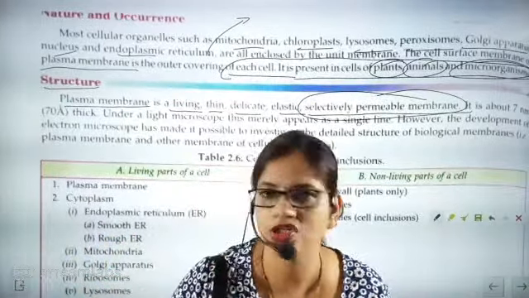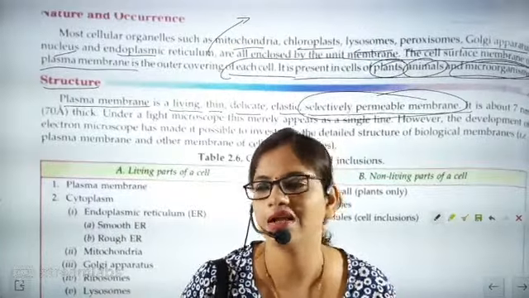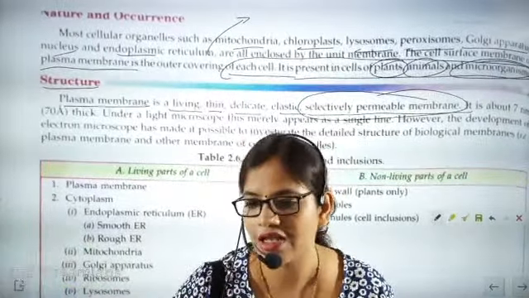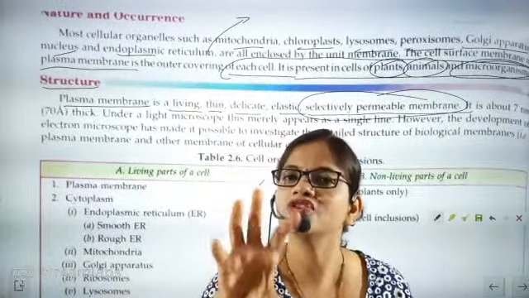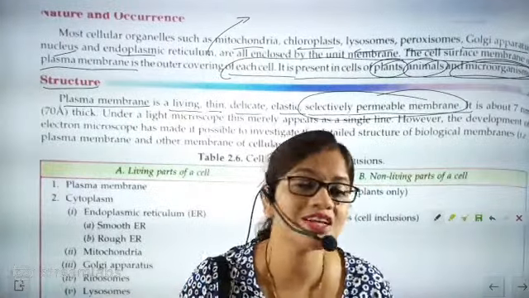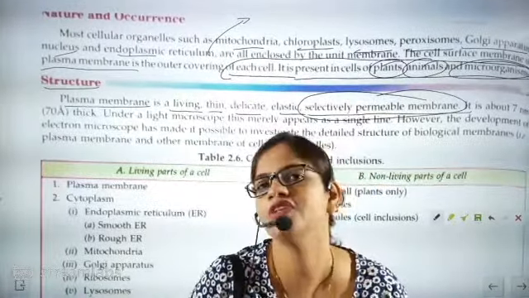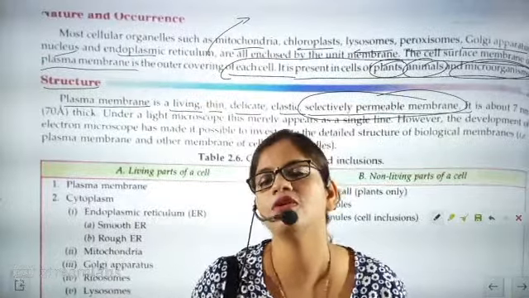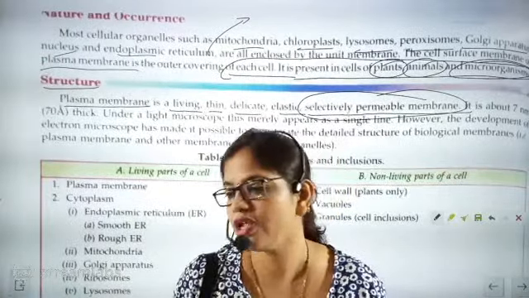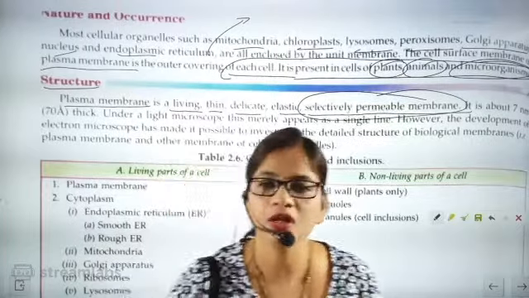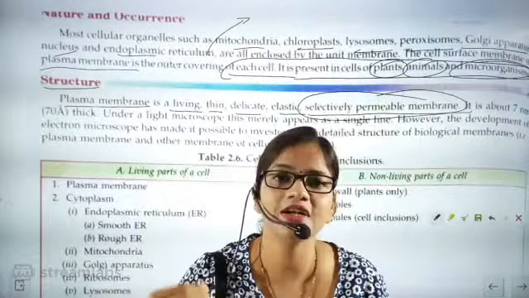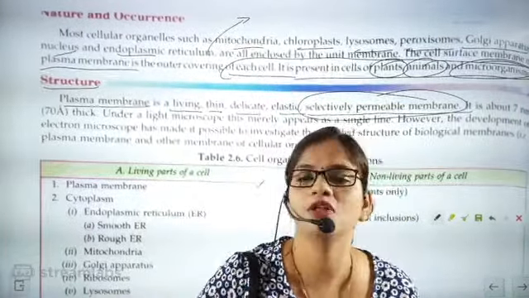If it is not a danger to the cell, it will allow it. It checks the content because it has to maintain the concentration level of the cell also. I will explain the concentration level with hypotonic, hypertonic and isotonic solutions, and at that time I am going to teach how the concentration of the cell is maintained.